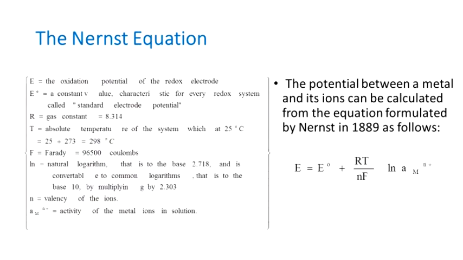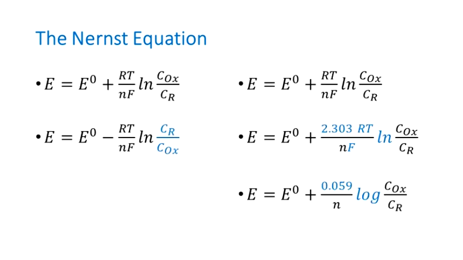Nernst equation is used to calculate potential of the electrode. In this equation, R is gas constant, T is temperature, F Faraday constant, and n is number of electrons which take part in half reaction. Instead of activity, we usually take concentration.